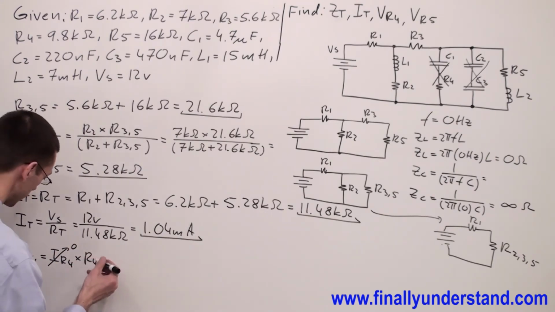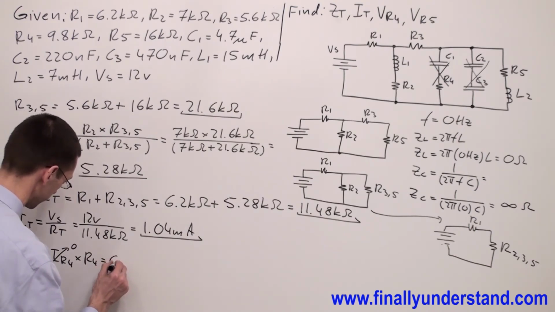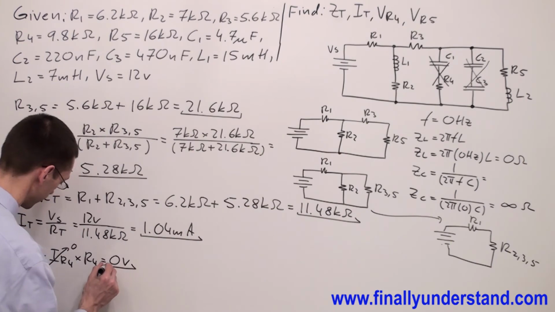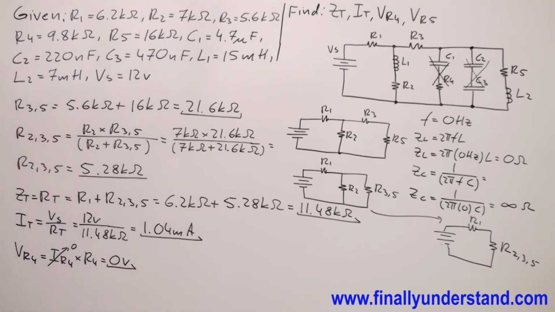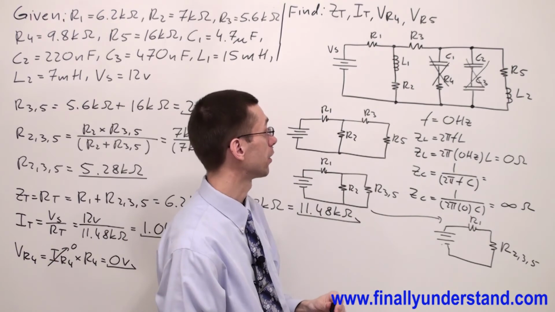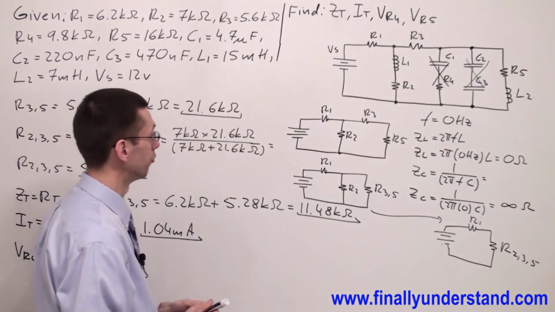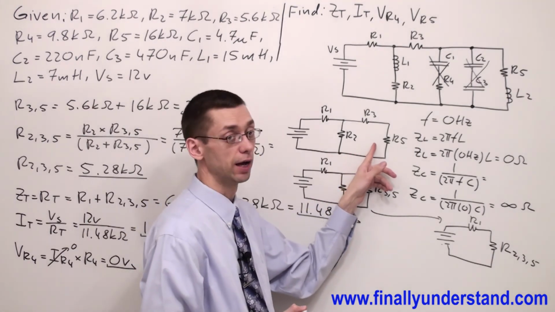That's why the voltage across that resistor is equal to 0 volts. So this is my VR4. Next, I'm supposed to find VR5. Okay, so this is the voltage across resistor R5.